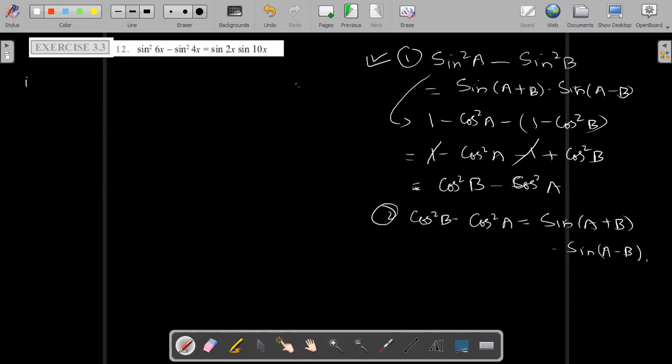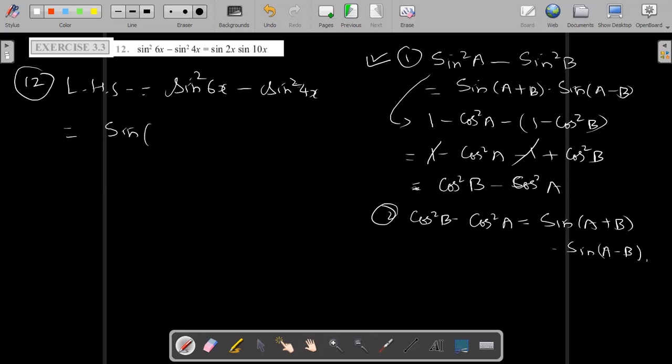So now we are doing question number 12. That is, left hand side is sine square 6x minus sine square 4x. After this question, we will discuss this. So sine square a minus sine square b, as you know, this is a very simple question.